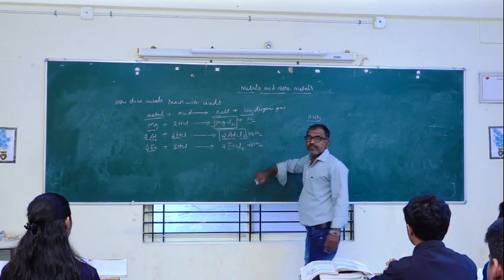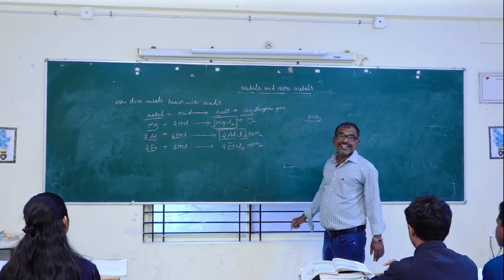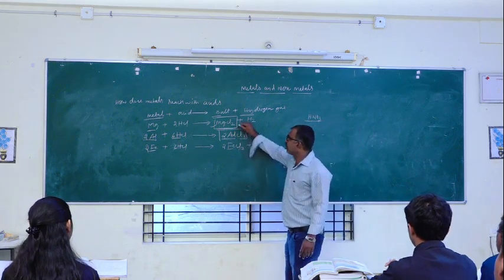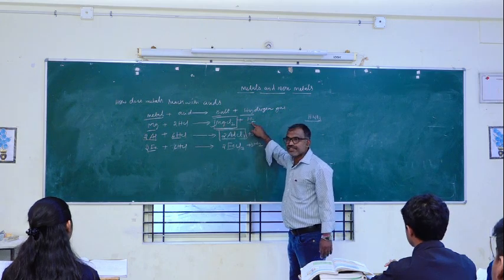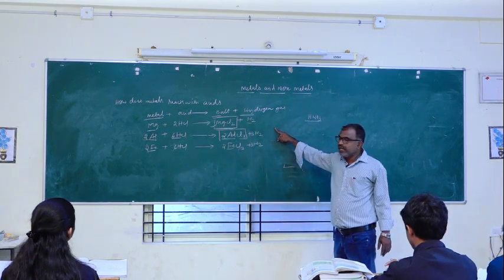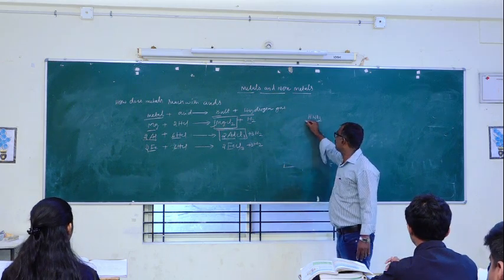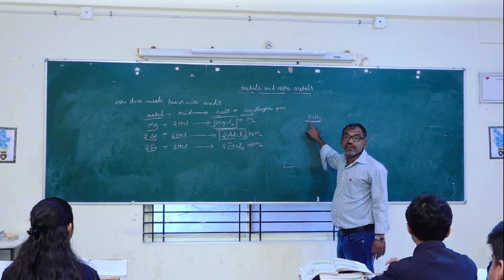You take any metal. Suppose any metal reacts with this nitric acid, it does not produce hydrogen gas. So this is one of the repeated questions. Why does nitric acid not liberate hydrogen gas?